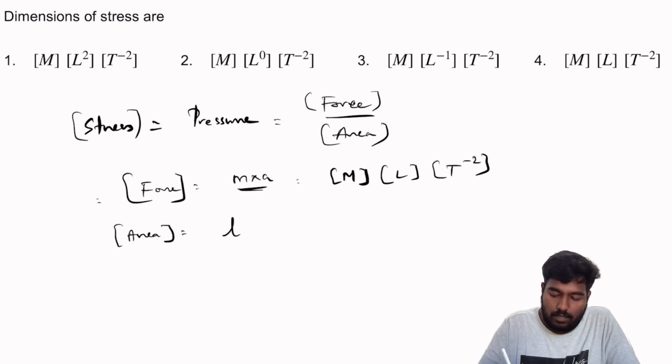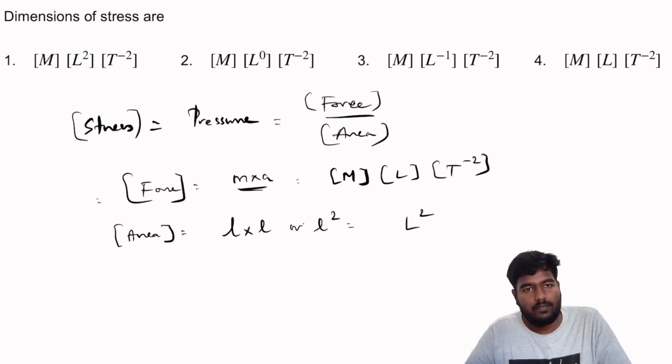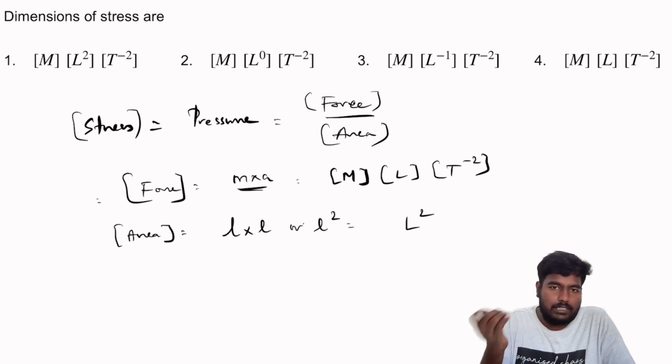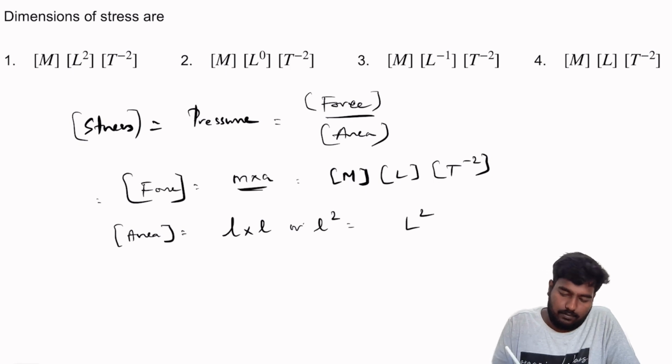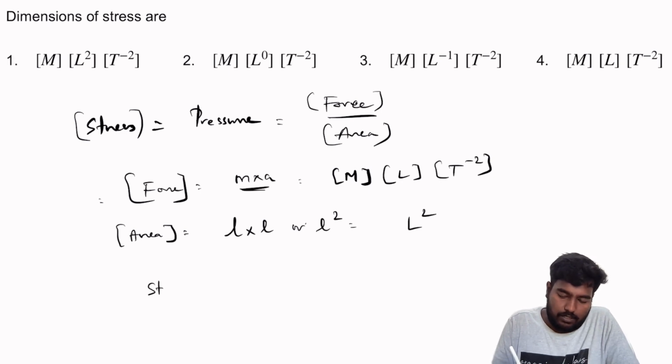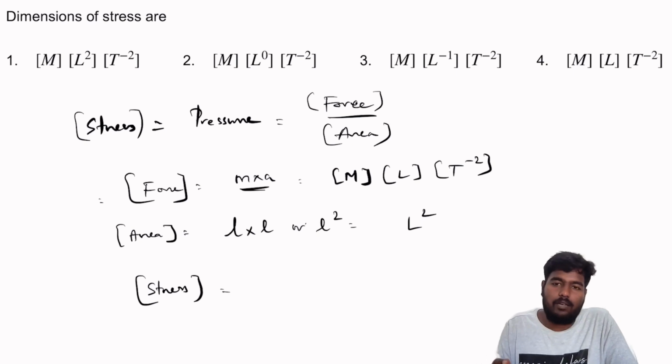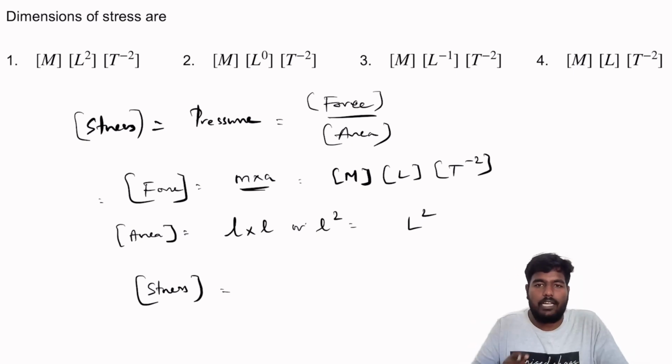So some form of length into length gives the dimension L square. So what do we want? The dimension of pressure or stress, which is the dimension of force divided by the dimension of area.